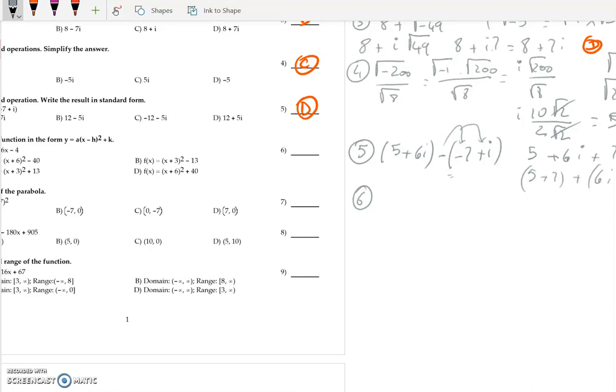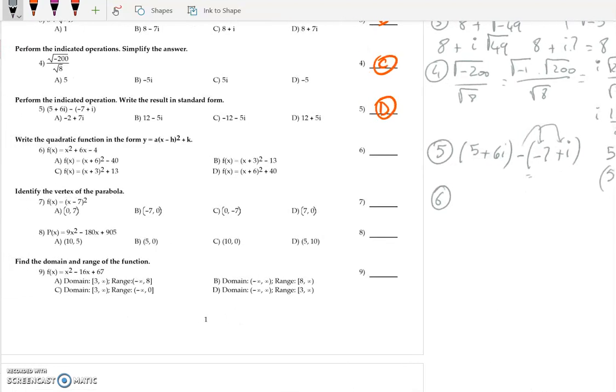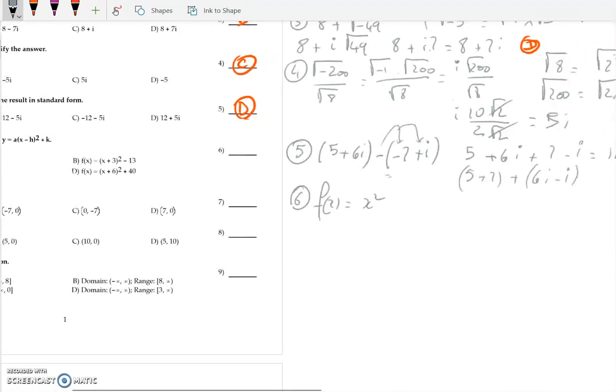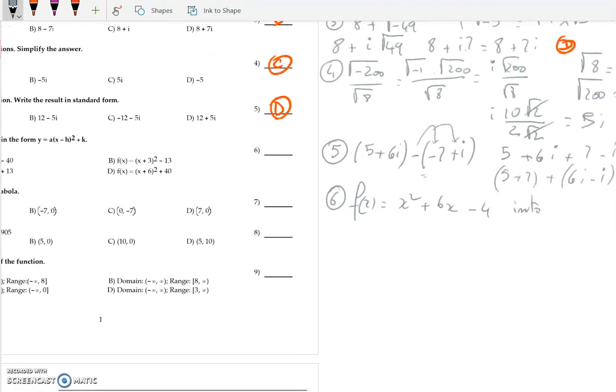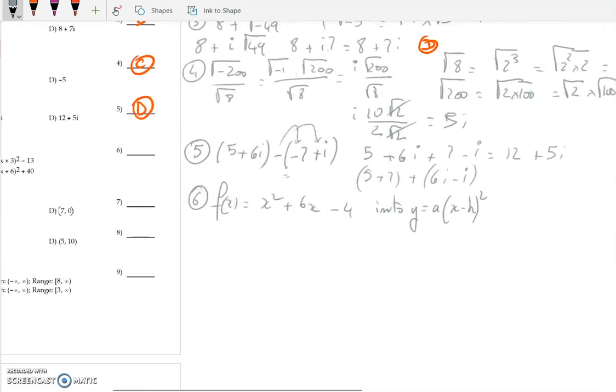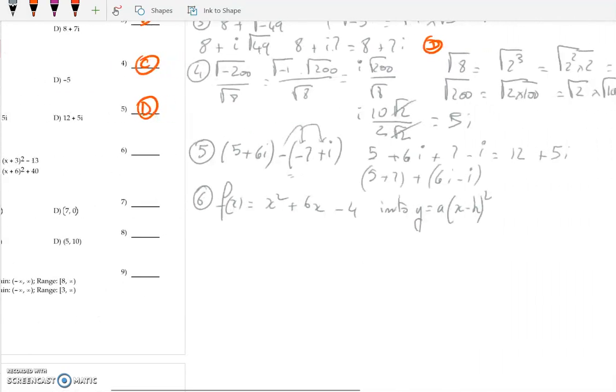So I'm looking for transforming f of x equals x squared plus 6x minus 4 into something looking like y equals a times (x minus h) squared plus k.